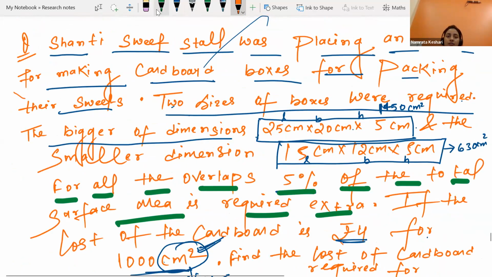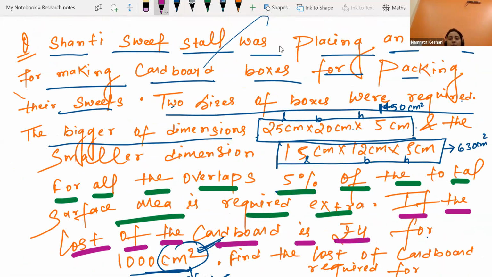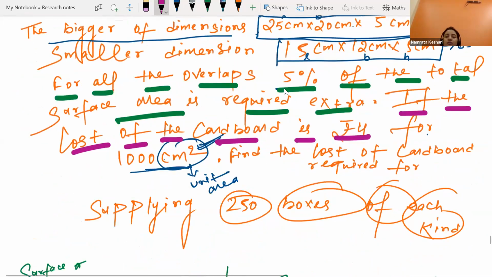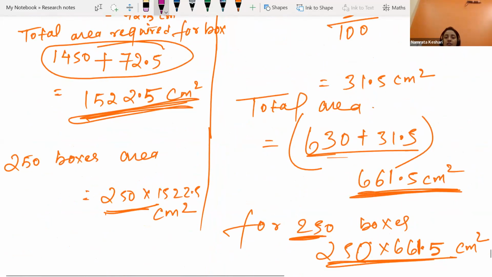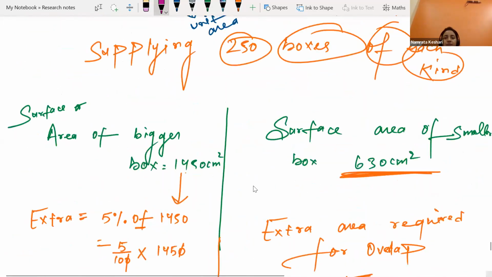Now here, this much we need to read very carefully: if the cost of the cardboard is rupees 4 for 1000 centimeter square, what will be the cost for this much centimeter square?